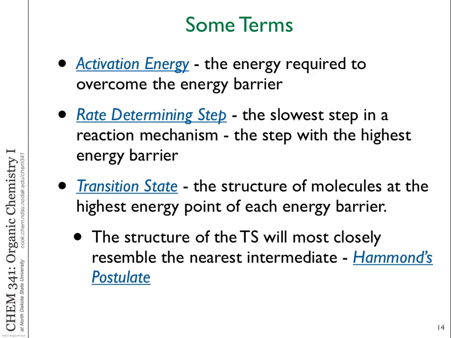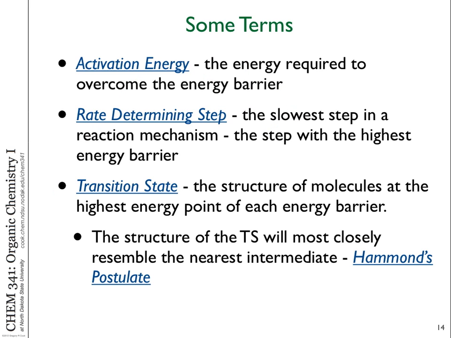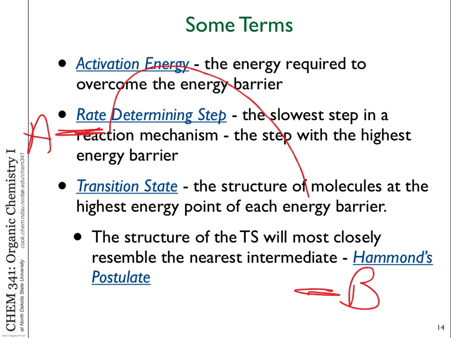So, for example, if you have some starting material A and you go up to some intermediate B, A to B, the transition state structure here is going to be closer to B than A. If it's the other way around, if this process has A higher than B, the transition state structure here is going to more resemble A than B. That's really what Hammond's postulate is all about.